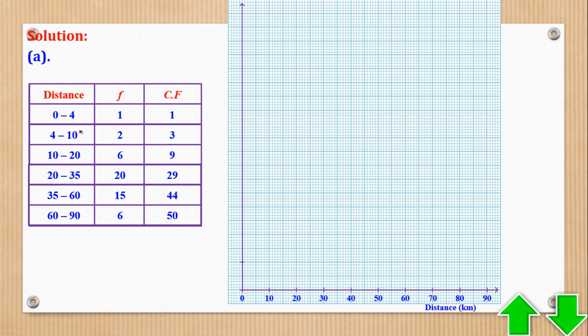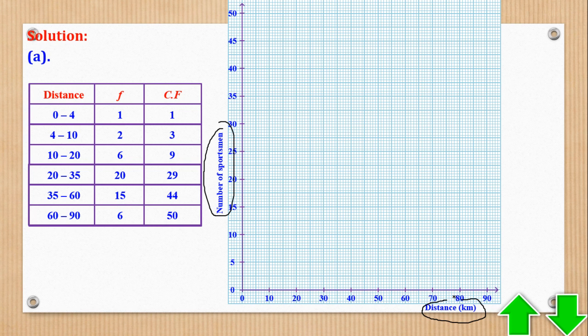Then you also do the same for the vertical axis and get a scale for it. Vertically, use 2 centimeters to represent 5 units. Now in O level, they will tell you to put cumulative frequency here, and here to put upper class boundary.